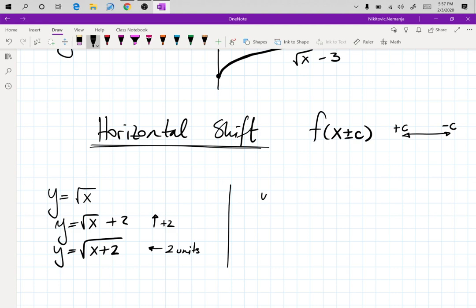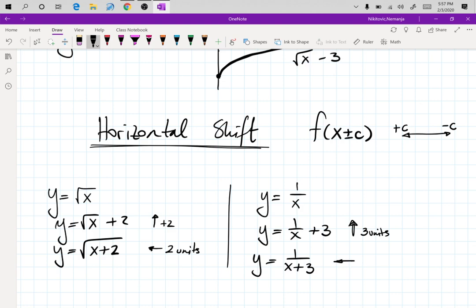Another example. y equals 1 over x. y equals 1 over x plus 3. This one is up 3 units. This one is left 3 units.